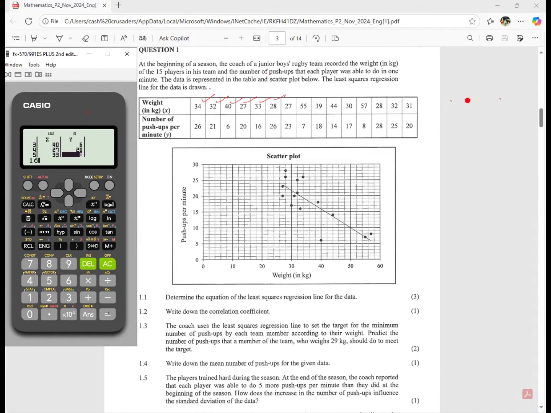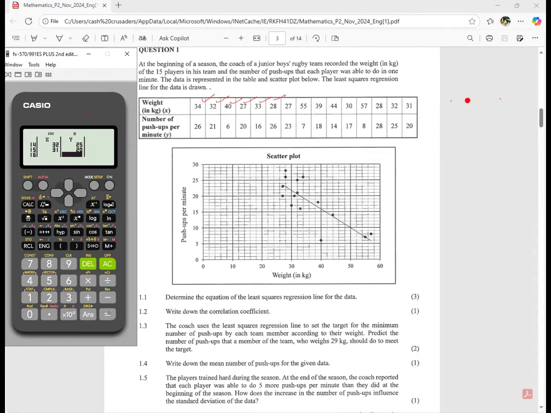And then 16, enter 16, and then we have a 26, so enter 26, then we have 23, enter 23, and then followed by a 7, enter, followed by 18, then 14, then 17, then we have an 8, we have 28, we have a 25, then lastly we have 20 again, right?